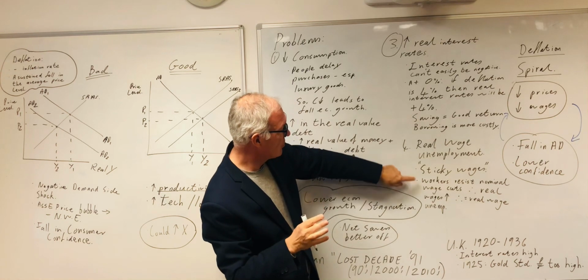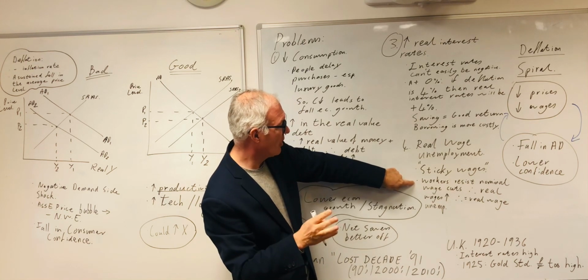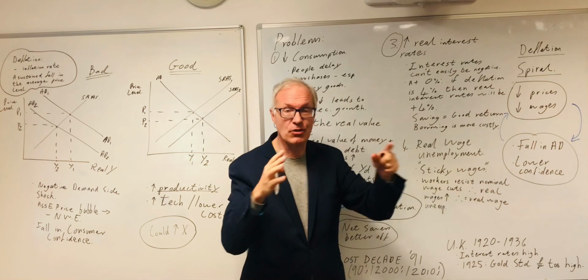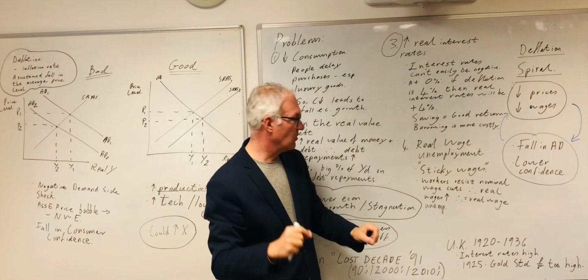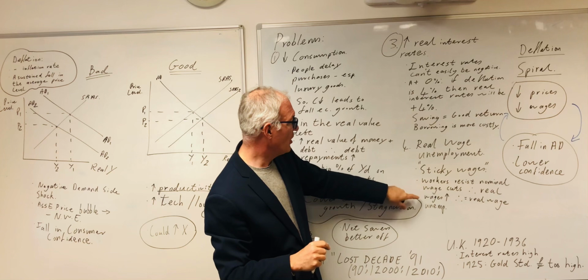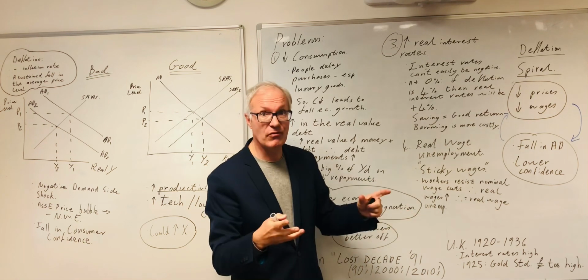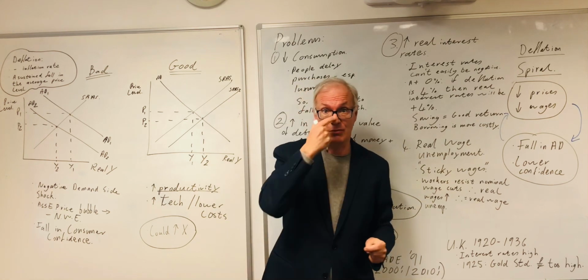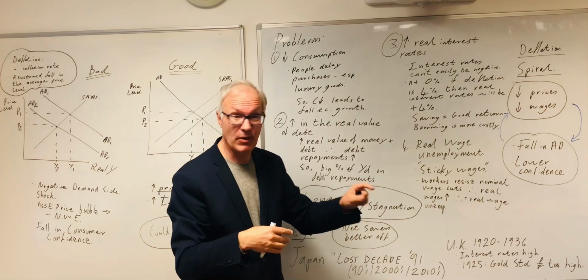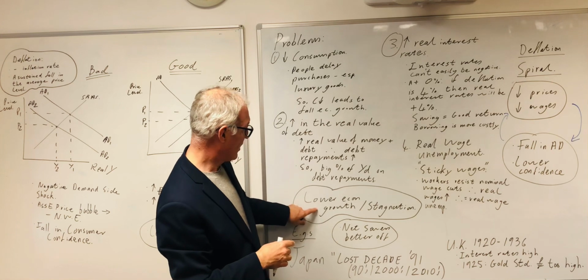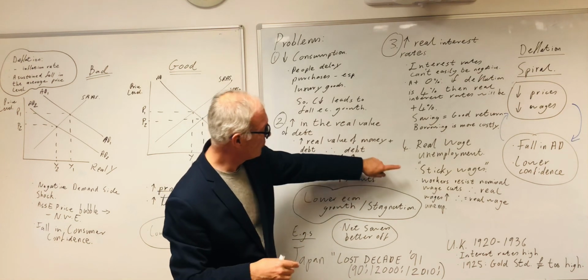So sticky wages, workers resist nominal wage cuts. That's a cut in their actual money wages, and therefore real wages will actually increase, and therefore this could lead to real wage unemployment, which of course exacerbates your stagnation. Okay, so that's the fourth problem.